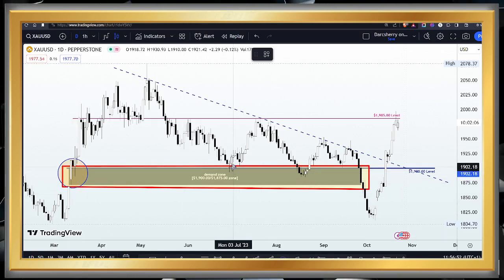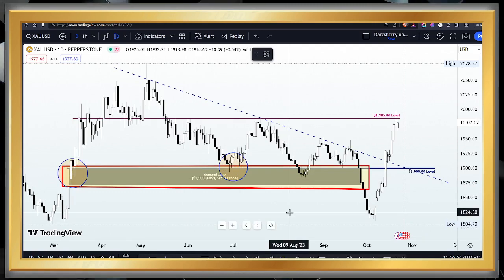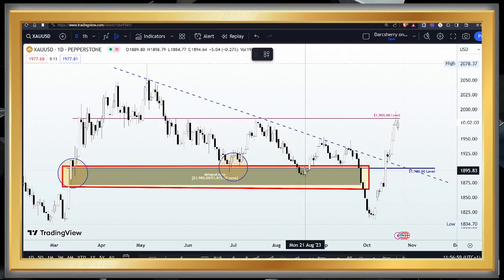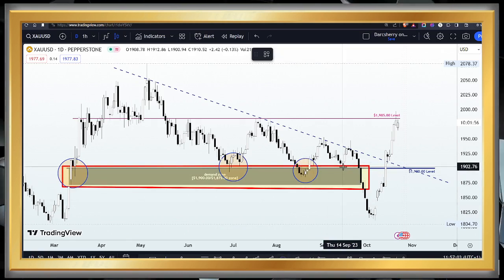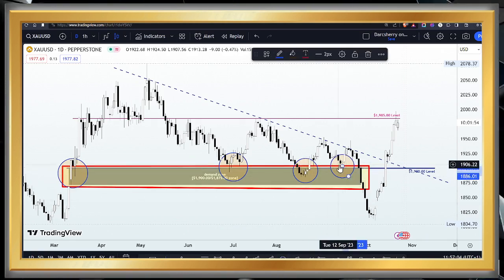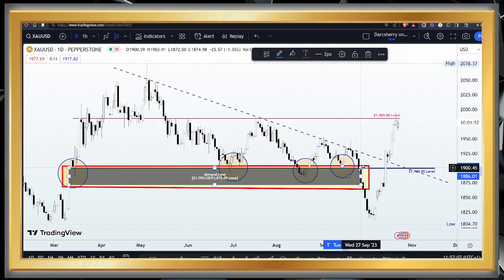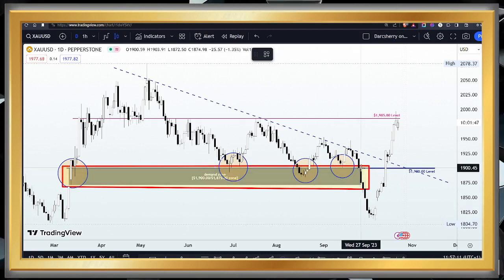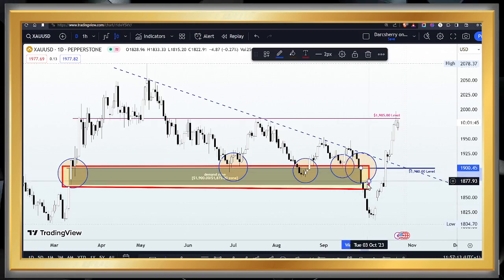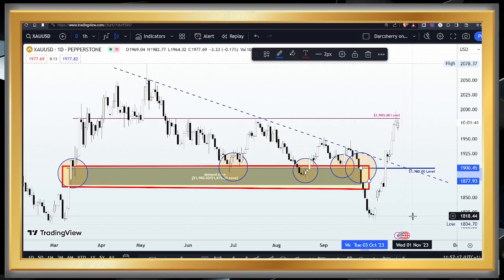Fast forward to the month of July, buy pressure again, as you see how sellers were finding it difficult to break through the structure. The same thing in the month of August, you saw buy pressure, and in the month of September, buy pressure again, and not until the last week of September did we witness this strong breakthrough of that demand zone pushing price to the downside.